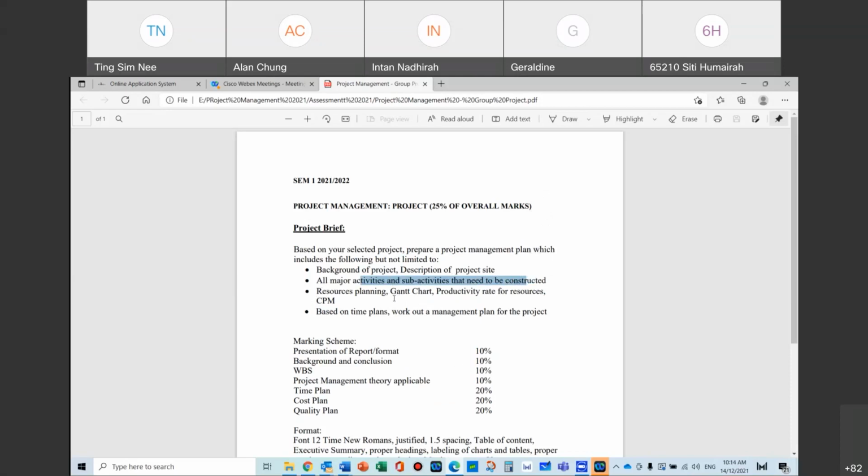But if you are good to go with your IDP, then I wouldn't suggest you use the entire project. I'll probably just suggest you go for one type of structure, meaning that either you do the civil works or you do the structural work.